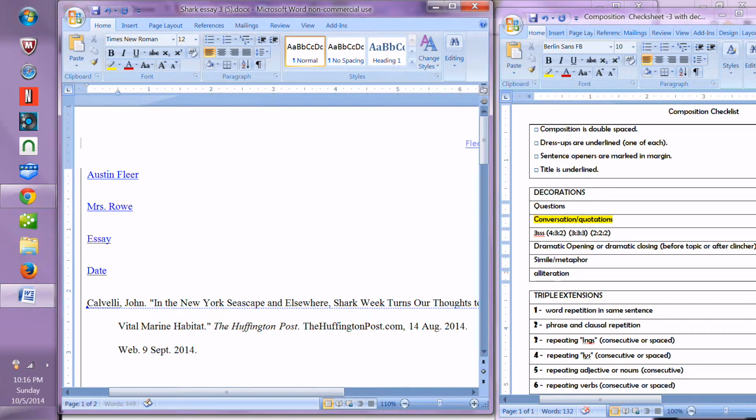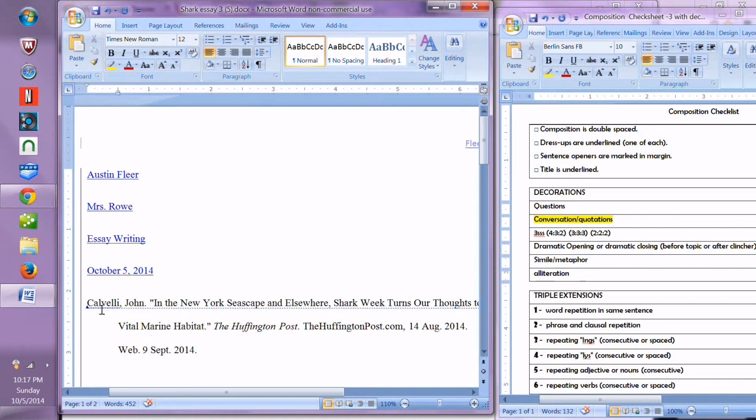When you're in college, you'll want to put the actual course numbers and the date. And that's how MLA style starts.